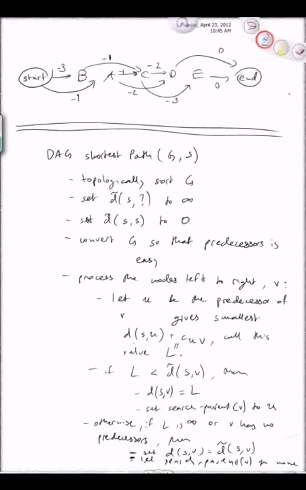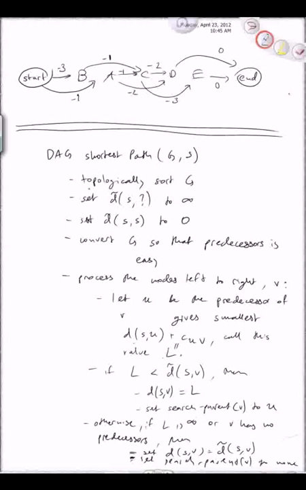So let's do a couple more discussions here. Going back to the algorithm, what's the runtime of DAG shortest path? Let's go back and try to evaluate this. Here was our pseudocode for our algorithm.